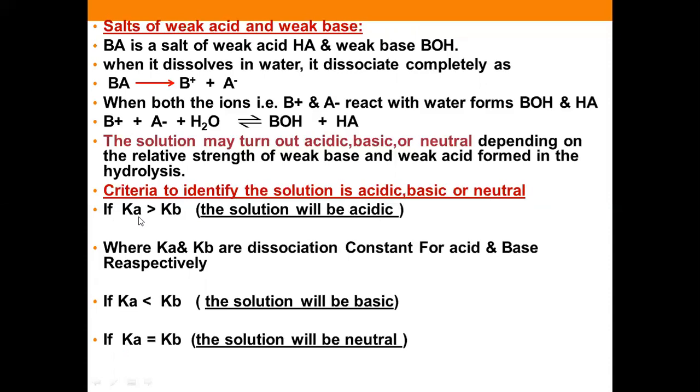Ka is the acid dissociation constant, and Kb is the dissociation constant for the base. Whenever the dissociation constant for the acid is more than the dissociation constant for the base, at that time the solution will be acidic. Similarly here, Ka is less than Kb.